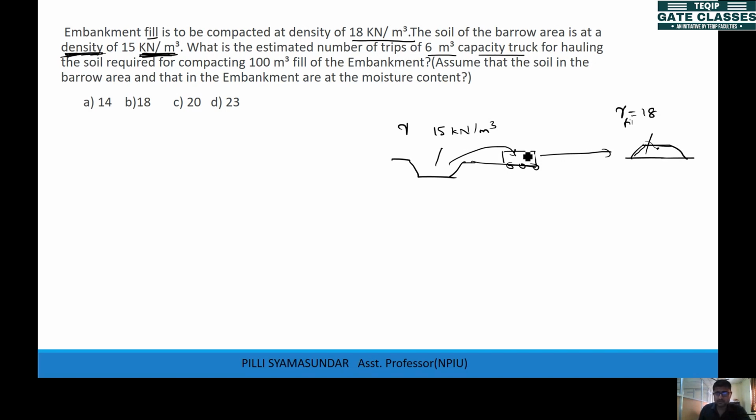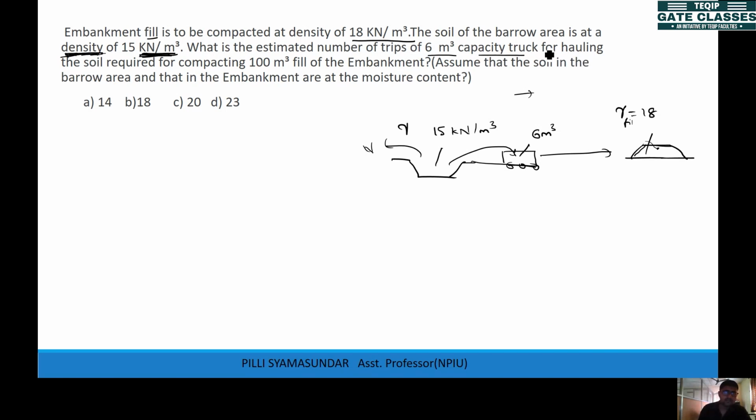In every trip, it is carrying 6 meter cube of soil. So he's asking how many times it has to move. If you find out the total volume of this soil in the borrow pit and divide it by 6, then that many times the truck has to move.